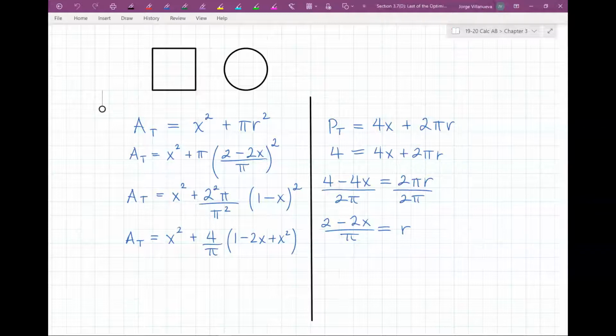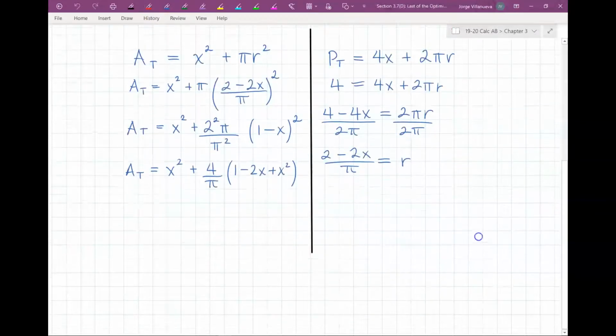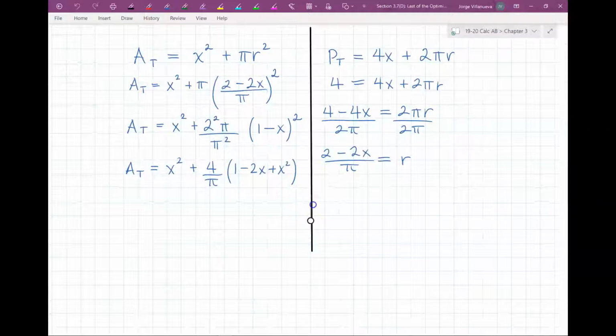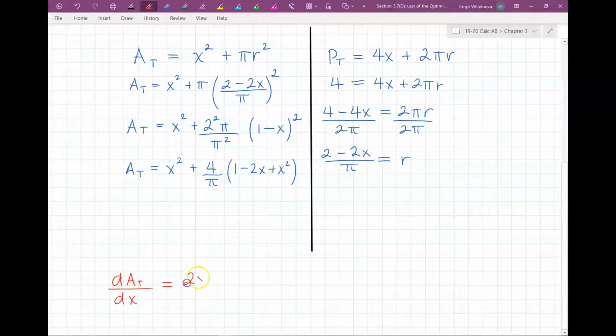So just so you understand that, because we're building our square first, okay? So now that we have that, let's take our derivative. There you go, dA_T over dx. Now the derivative of x squared is just 2x plus 4 over pi. That's just a constant, okay? So don't let it freak you out.